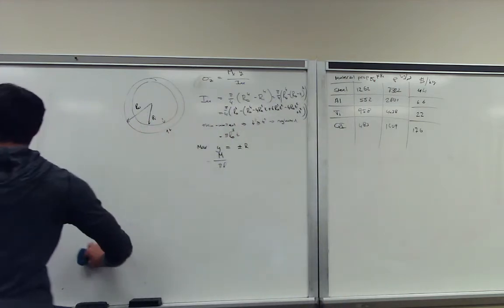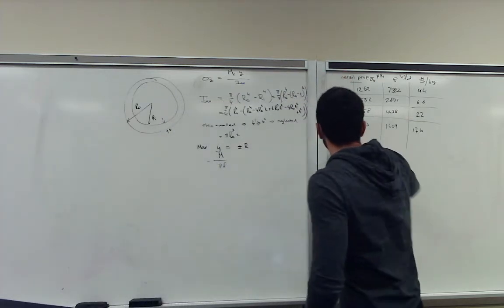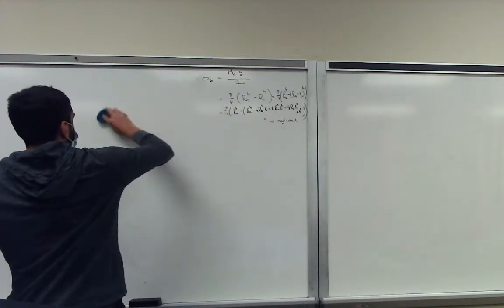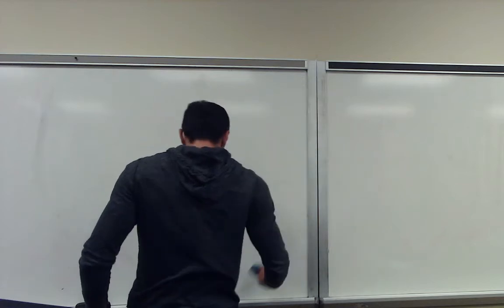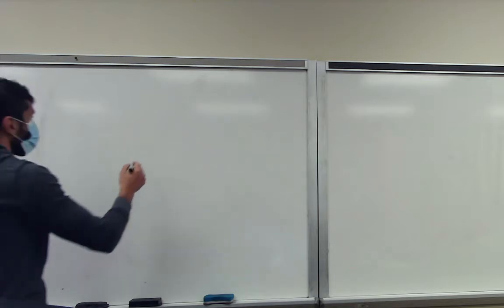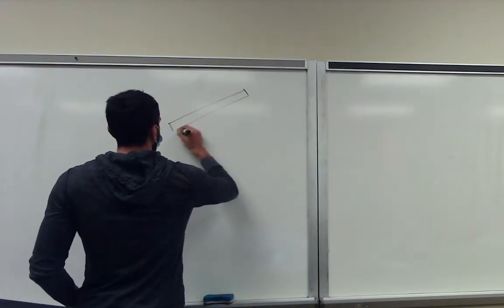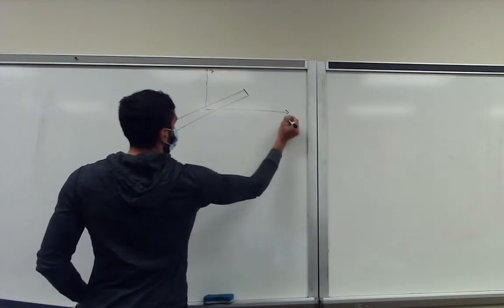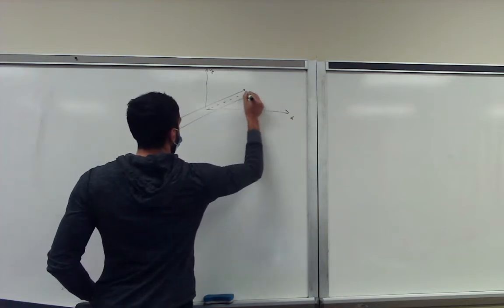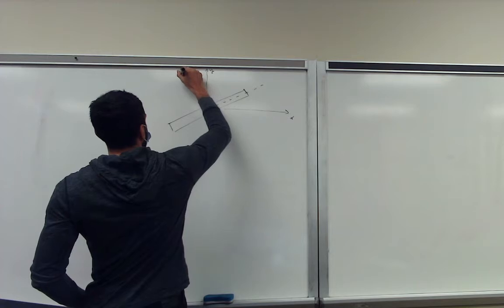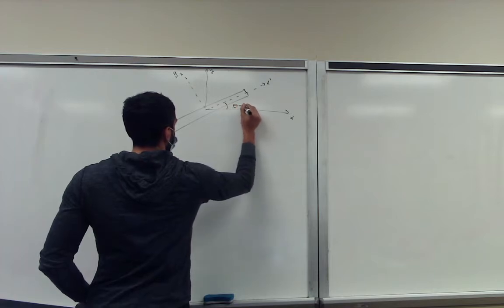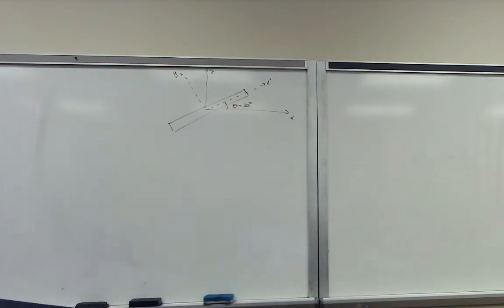With that said, let's focus back again on the problem on the board. So last lecture, we basically ended on this slide. You are given a problem: a cross section of your beam at a certain angle, 30 degrees.